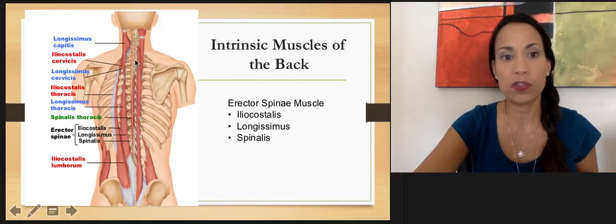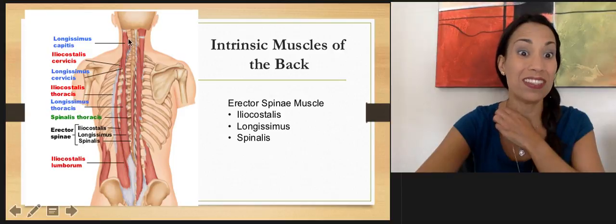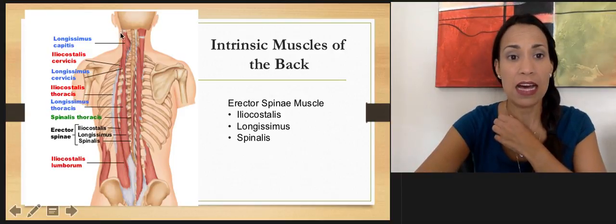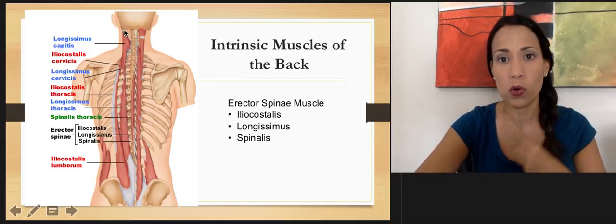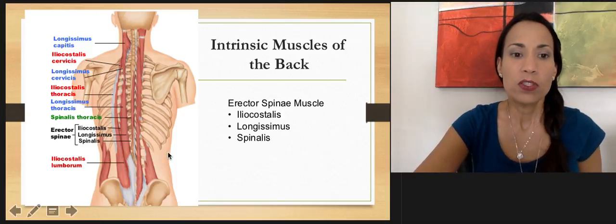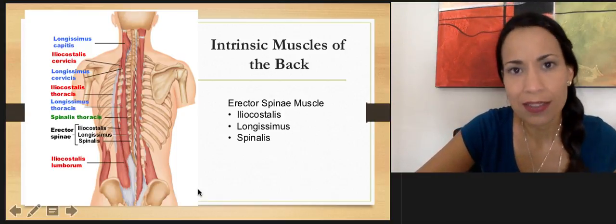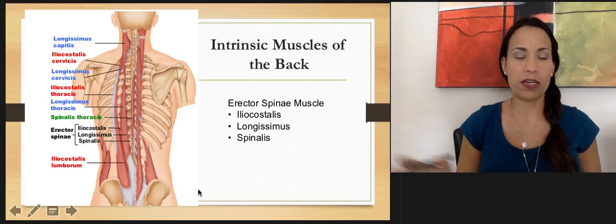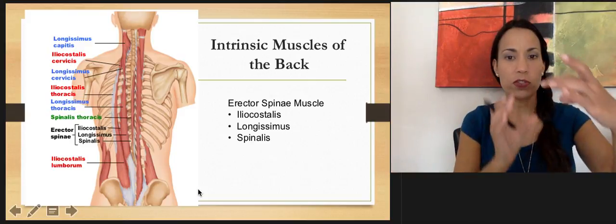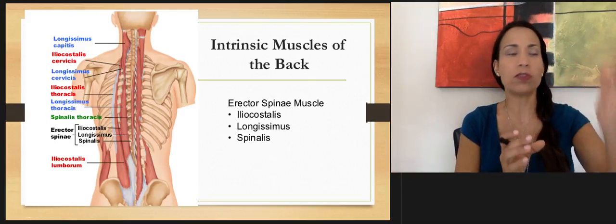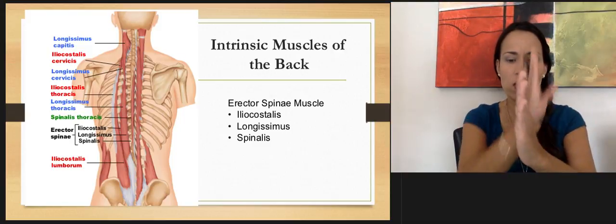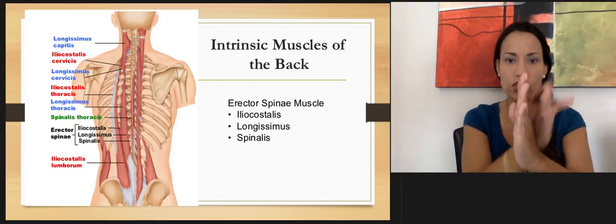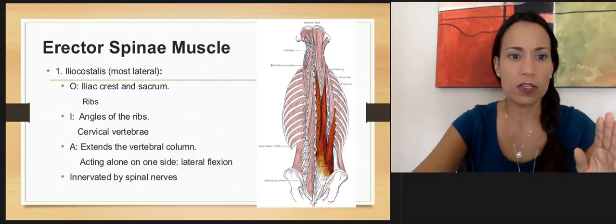At the level of the cervical vertebrae, there are iliocostalis cervicis and longissimus cervicis, and the ones that attach to the head are called capitis. So we are not going into that much detail. I just want you to know that it consists of three columns of muscles: spinalis, the medial one, lateral to that longissimus, lateral to that iliocostalis.